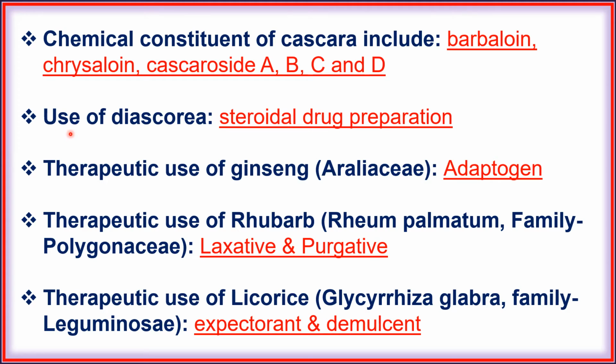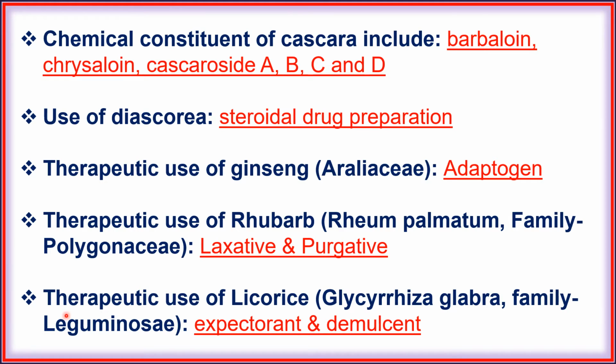Next, use of Dioscorea is steroidal drug preparation. Next, therapeutic use of ginseng belonging to the family Liliaceae is adaptogen. Next, therapeutic use of rhubarb, biological source Rheum palmatum belonging to family Polygonaceae, is laxative and purgative.